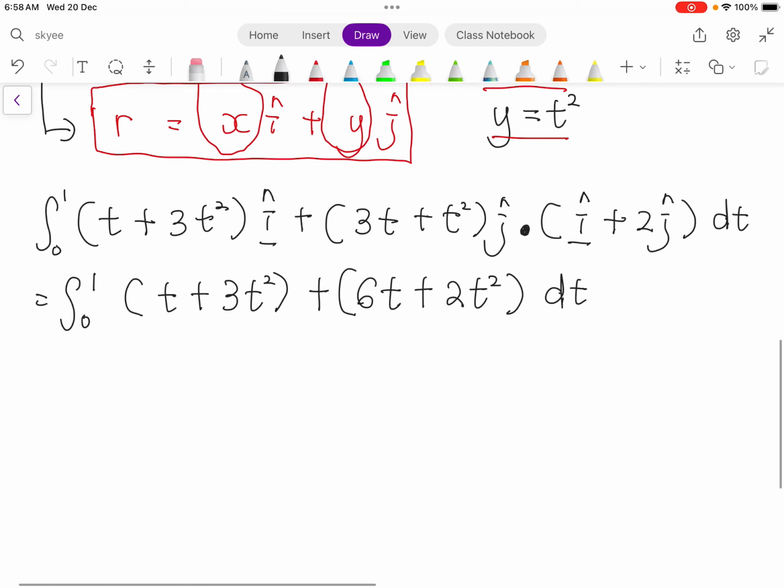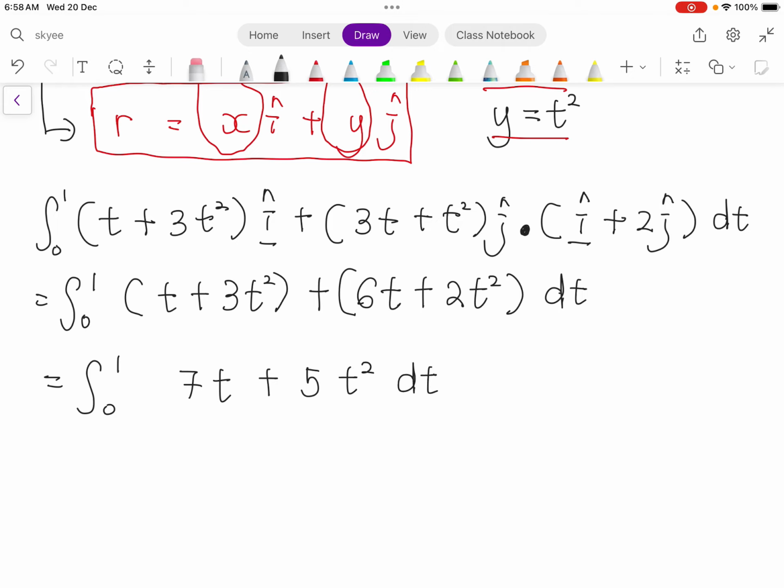So the thing is almost done. You have converted it into a line integral of a scalar field, which has only one variable t. So you can simplify. This will become 7t plus 5t squared.